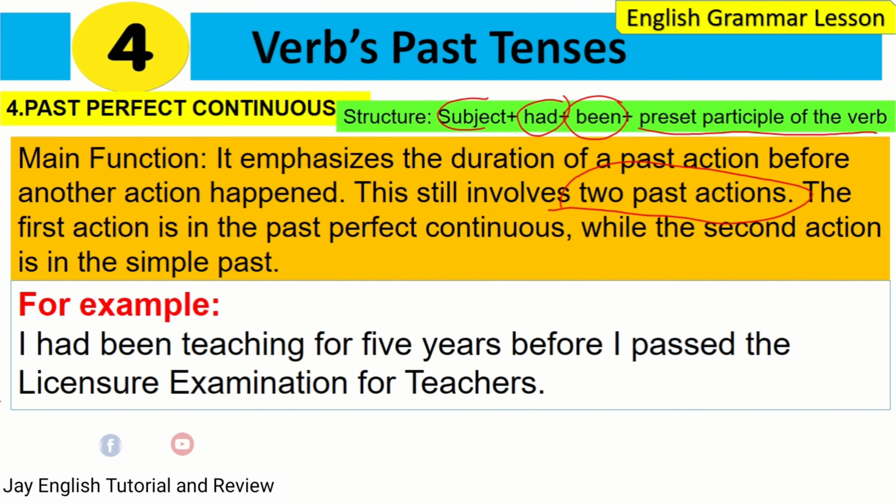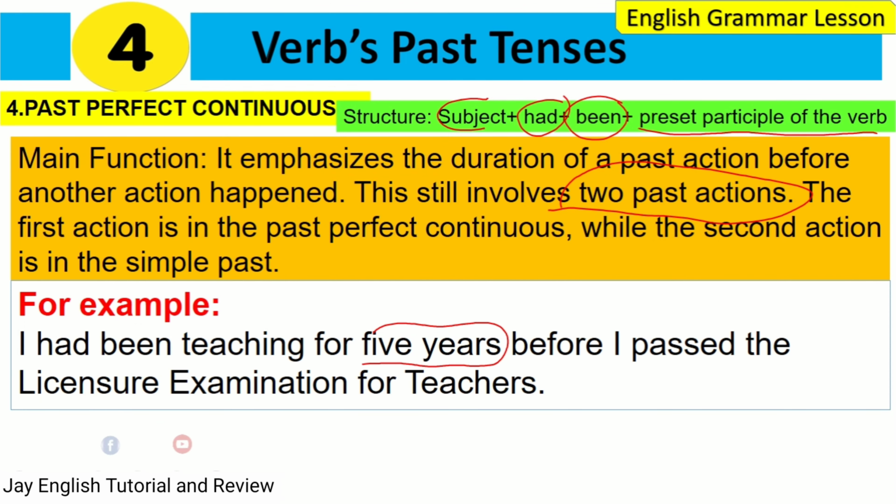For example, I had been teaching for 5 years before I passed the licensure examination for teachers. The only difference between the past perfect and the past perfect continuous is that here in the past perfect continuous, we have the time duration of our first action.